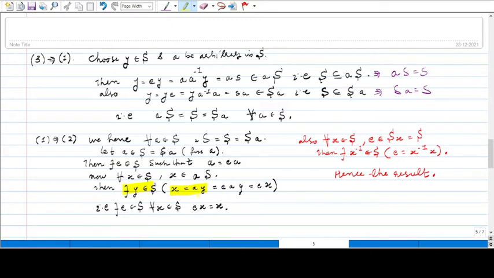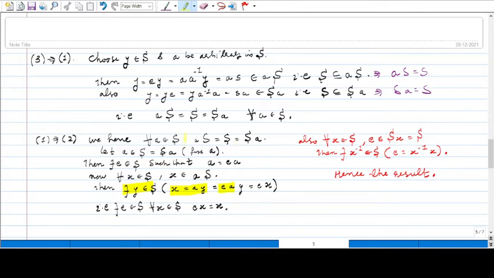Now A can be replaced by EA, right? Then what is AY? Equal to X.